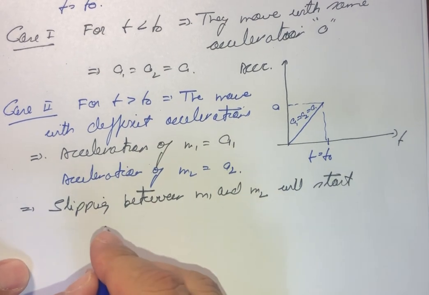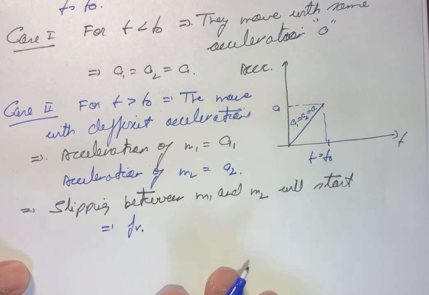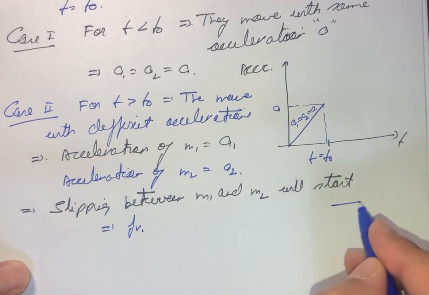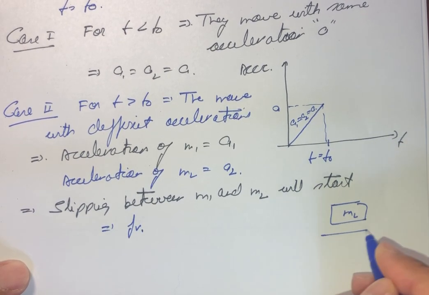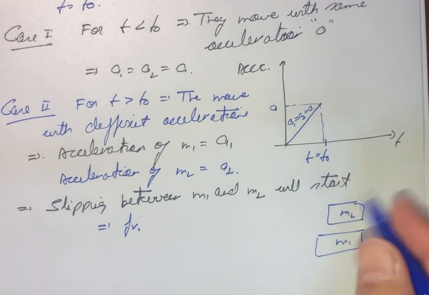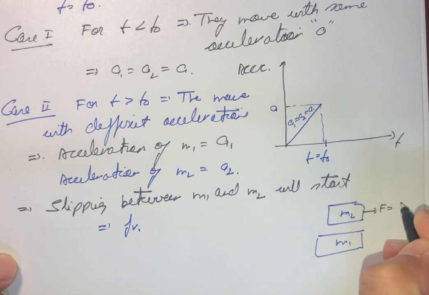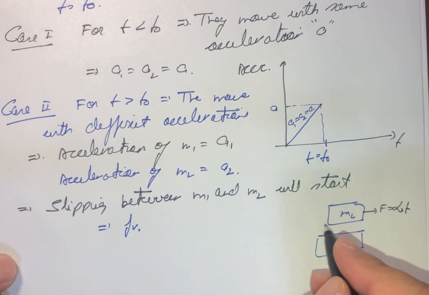This will result in the friction Fr. Okay, I forgot to draw the free body diagram. Let me draw it here. So this is our m2 and this is our m1. A force F equal to alpha naught t is being applied on the block m2.